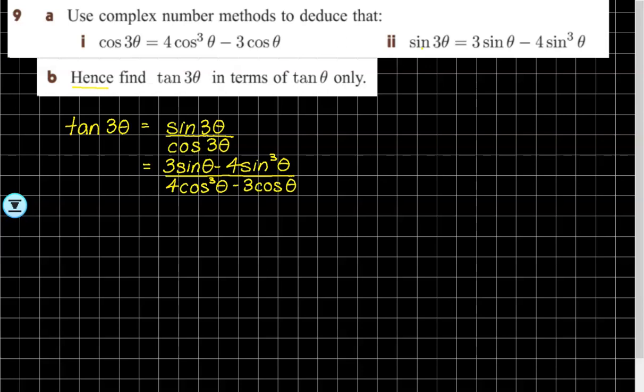Anything we see that we might want to be able to do here? Excellent, right? We can see there's a common factor of sine on the top and cos, and so well, that's a bonus because we would then have sine over cos is, well, at least we've got one of them, so that's great. So we're going to pull out the sine on the top and we're going to pull out cos on the bottom. So you can do that. Stay a step ahead of me, please.